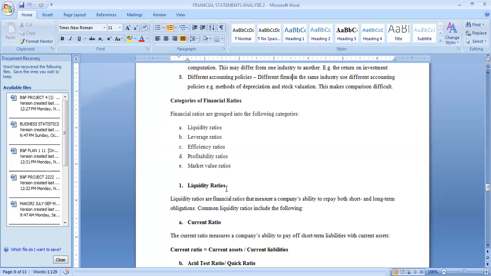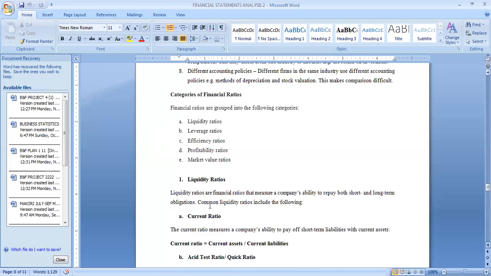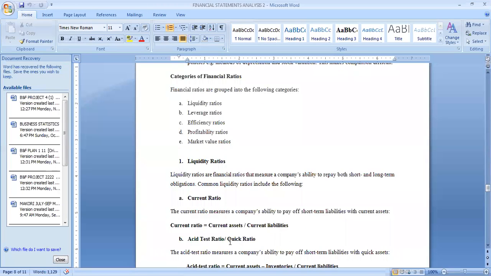These ratios are 3 in number, but the commonly used or the commonly asked ratios are the current ratio and the acid test or quick ratio. As we look at these ratios, we shall be doing some calculations here and there using our past papers.